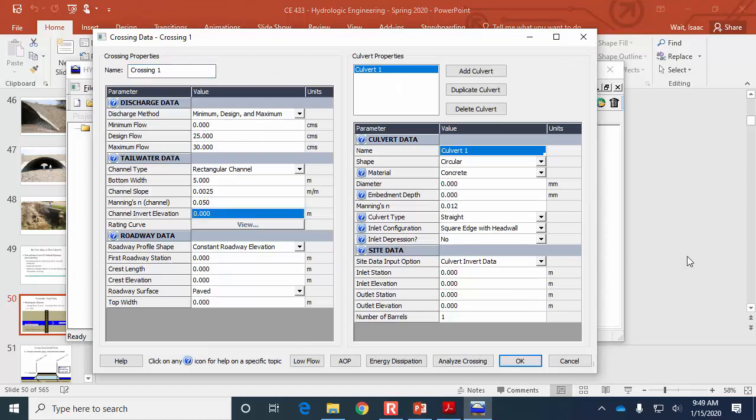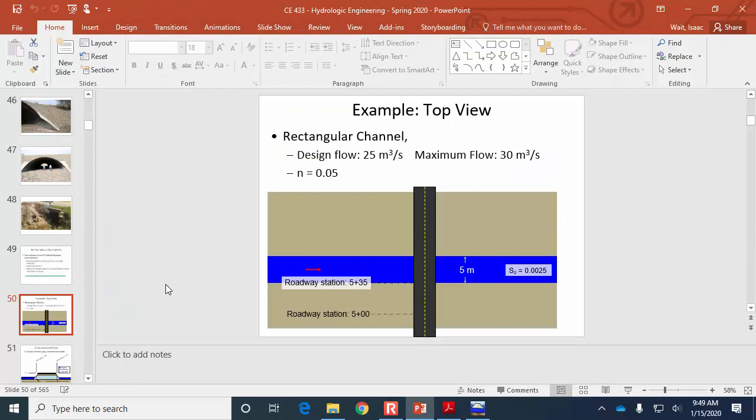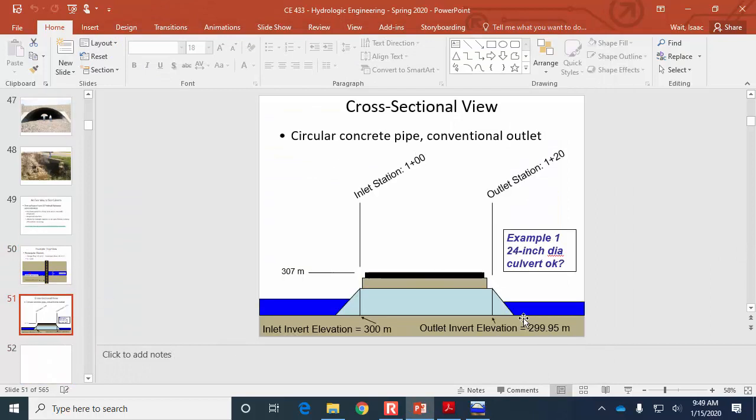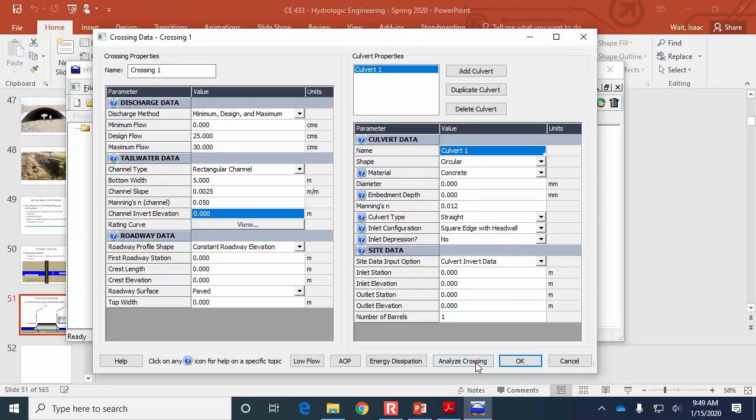And then the channel invert in the tailwater, that's asking what's the elevation of the river when it matches up with the outlet of the culvert. So 299.95 is both the elevation of the bottom of the invert of the culvert and the channel elevation.